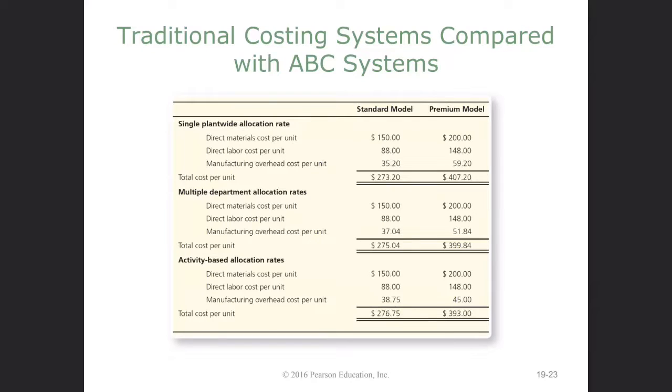And that's how we're also going to find the multiple department allocation rate and the activity-based allocation rate. So you're going to add all of these together to get this. And it's the same for each of these. Direct materials cost per unit plus direct labor cost per unit plus manufacturing overhead cost per unit equals total cost per unit.